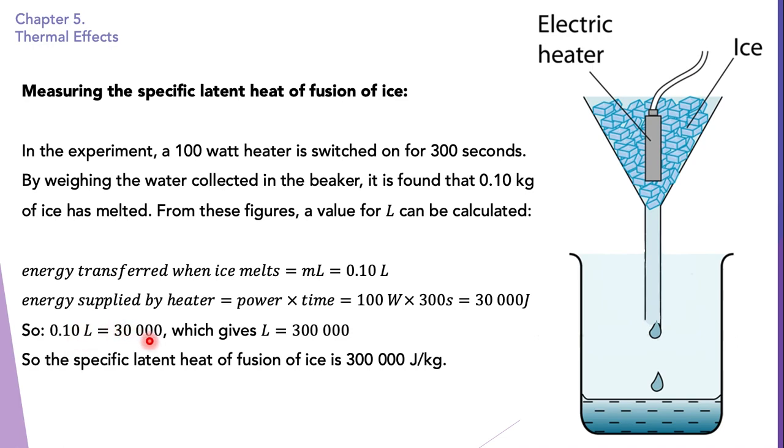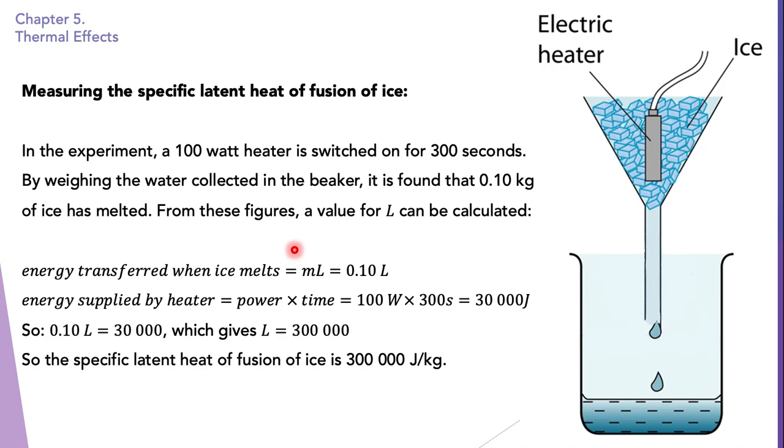Right now the equation is energy transferred is equal to mL, m times L. So we're going to remember that triangle I used to tell you about again. We place m and L below energy transferred because they are multiplying, and place a multiplication sign in between. Now what do we want here? We want the latent heat of fusion.